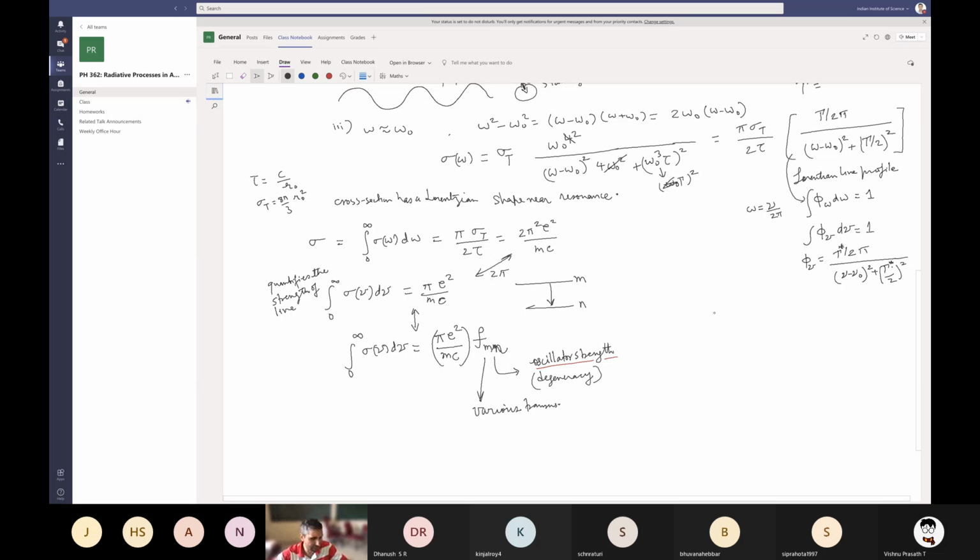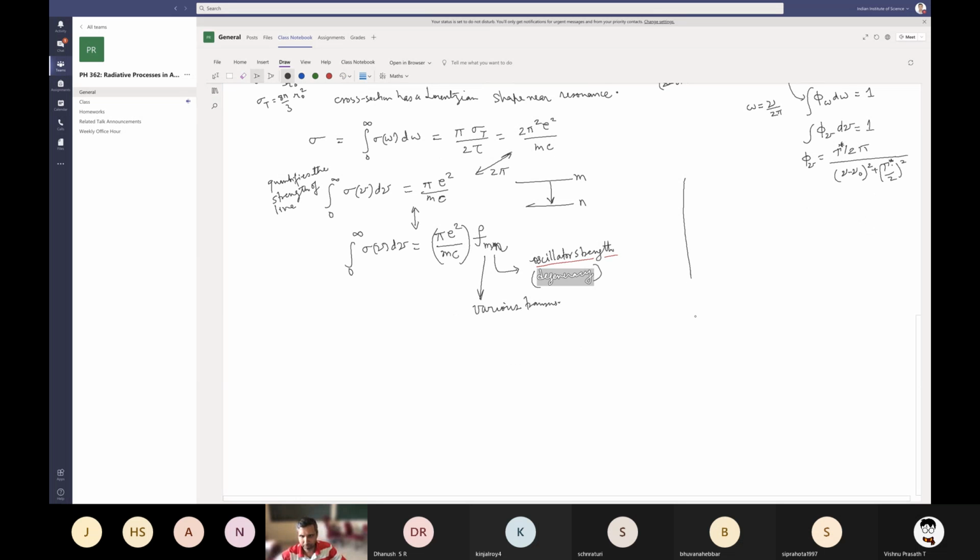Okay, one last thing that I wanted to draw is sigma omega by sigma t as a function of omega.